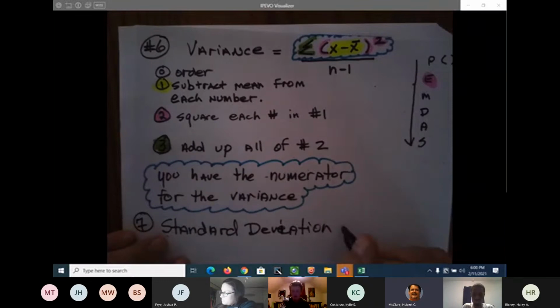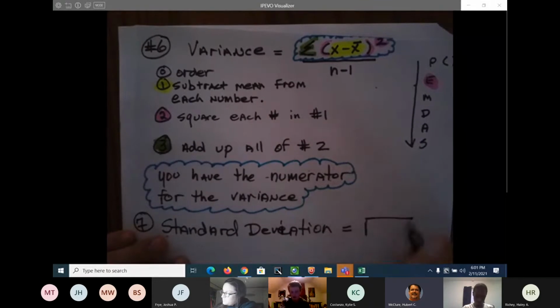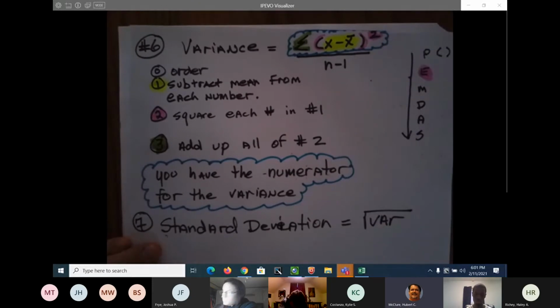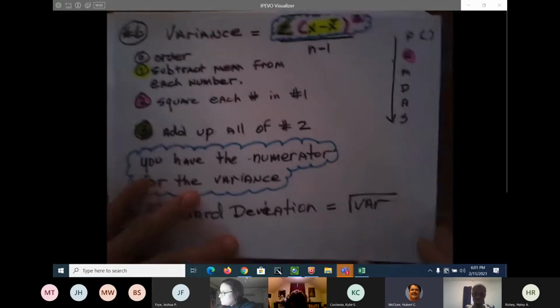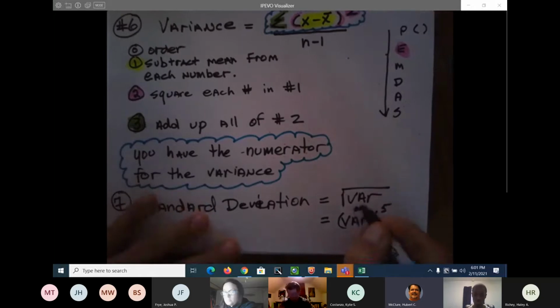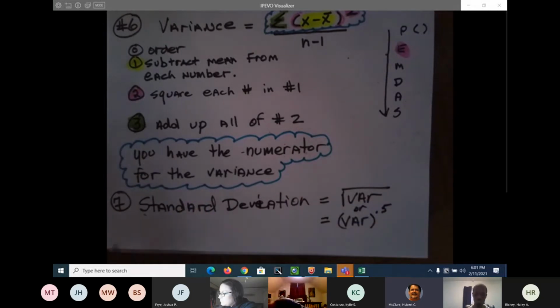The standard deviation is equal to the square root of the variance. So that's why you need to get the variance. Now, I'm not going to use the square root symbol on my calculator. I'm going to use the variance to the 0.5 power. That's the same thing as the square root.